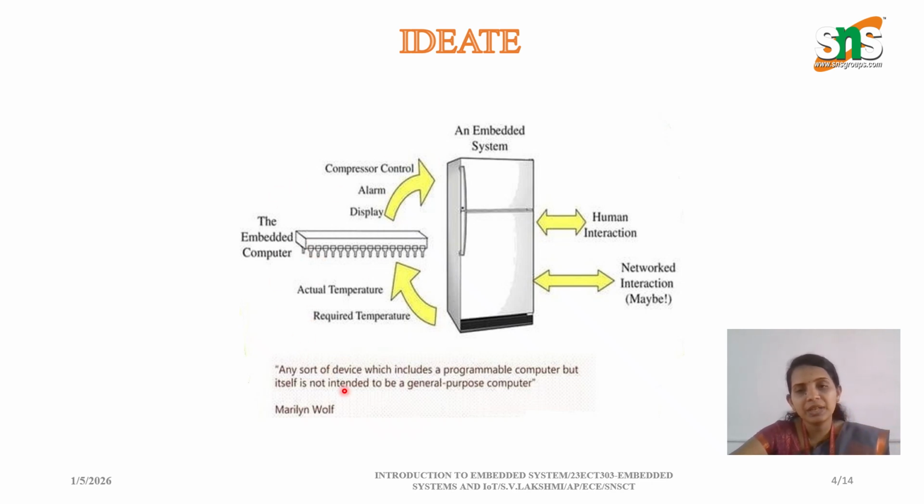Then we have other peripherals: the human interaction, the compressor control, the display part, the alarm, the required temperature, actual temperature, and the network interaction if it is required. When we consider a smart IoT application, with the help of an internet connection, we might receive notifications. In that case, we call it a networked embedded system.